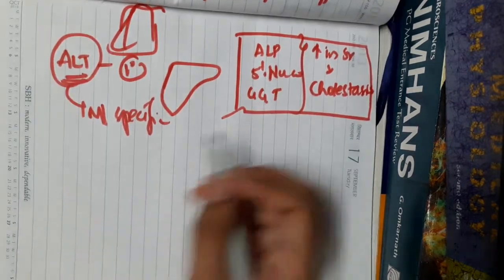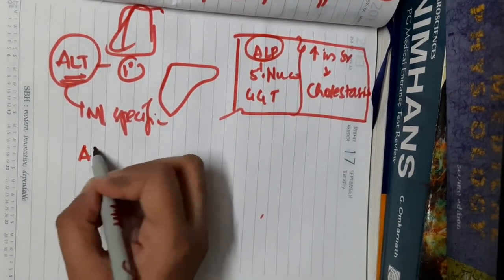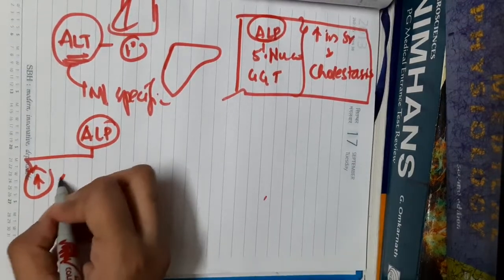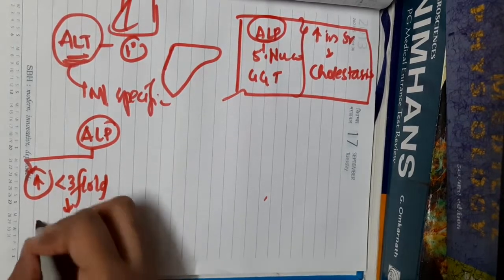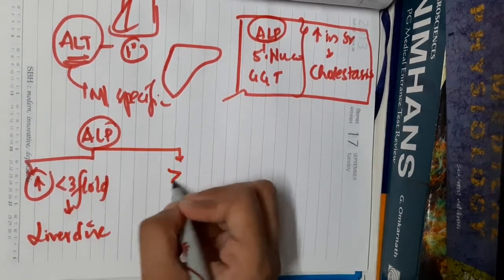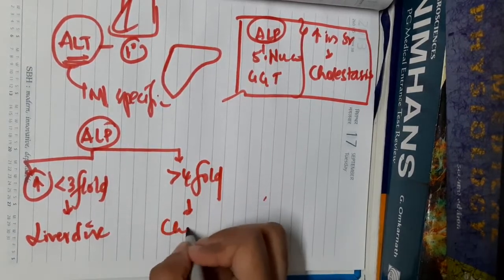ALP is increased both in liver disease and in cholestasis. But what is the difference? If ALP is increased less than 3-fold, then it is liver disease, and if the increase is more than 4-fold, then that is cholestasis.